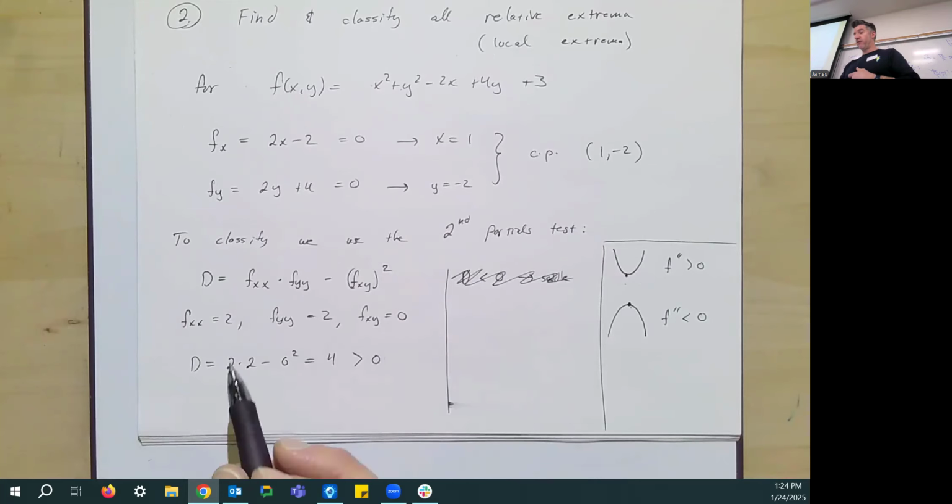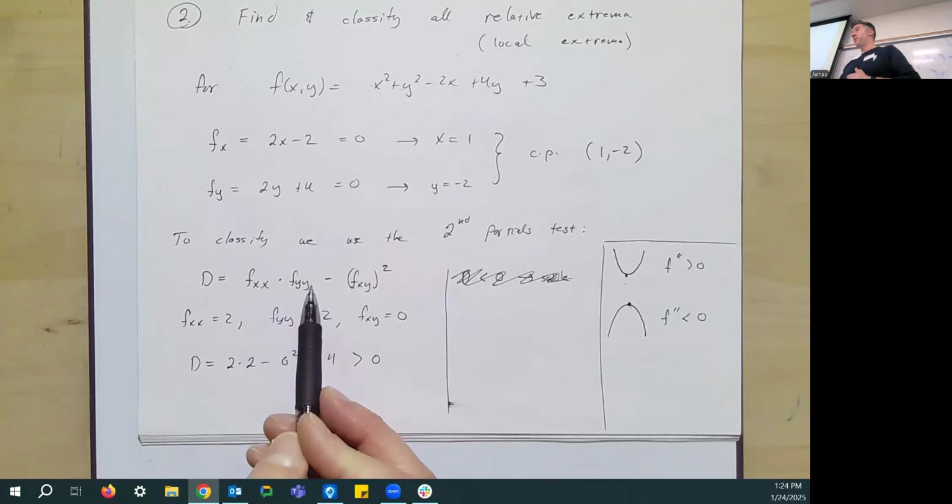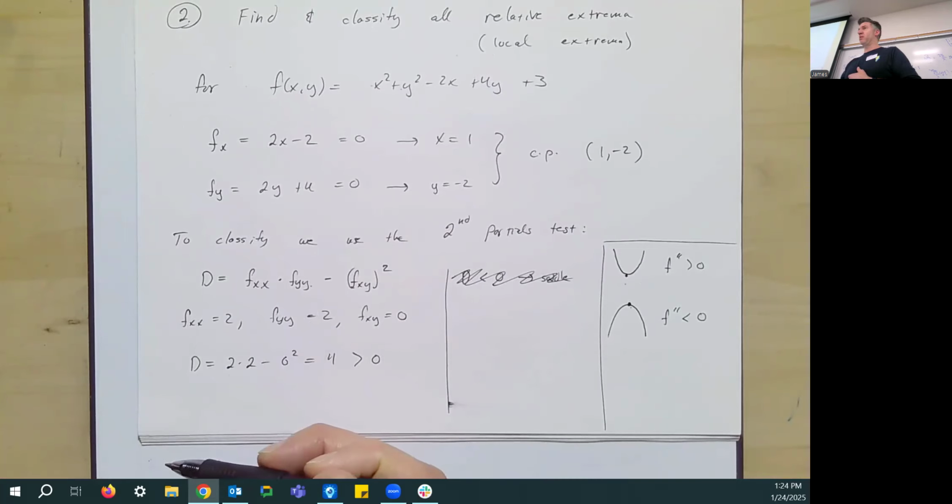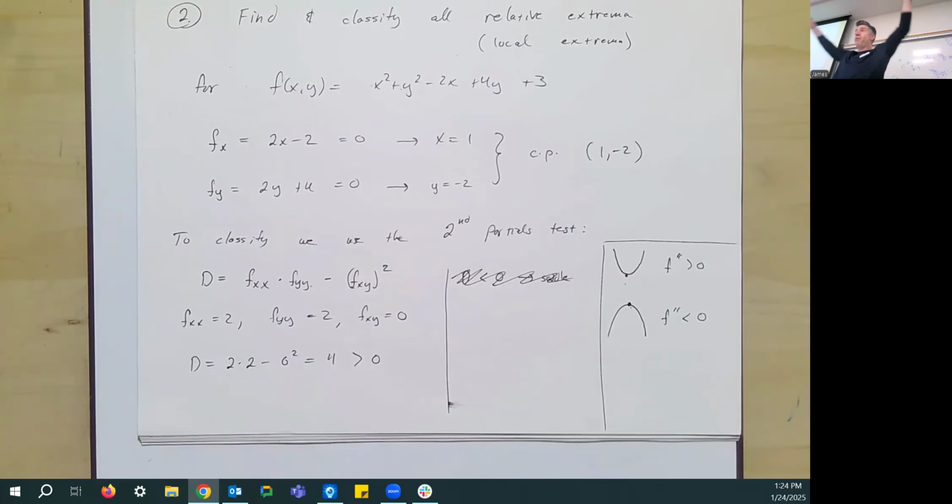So my second derivative is fxx or fyy. Both of them happen to be, in this case, positive. And we just said if the second derivative is positive, the function is concave up, which means we have a minimum.